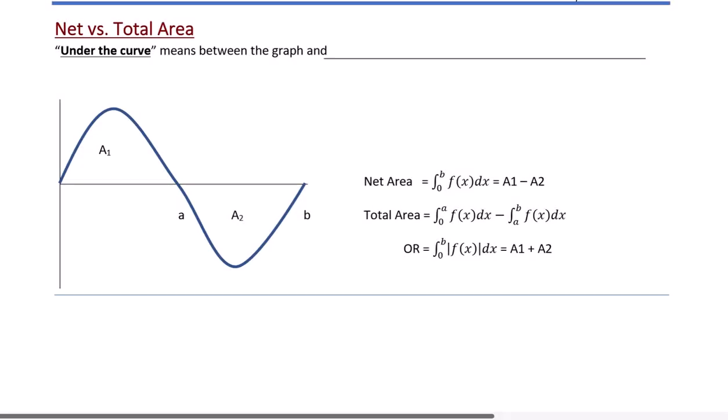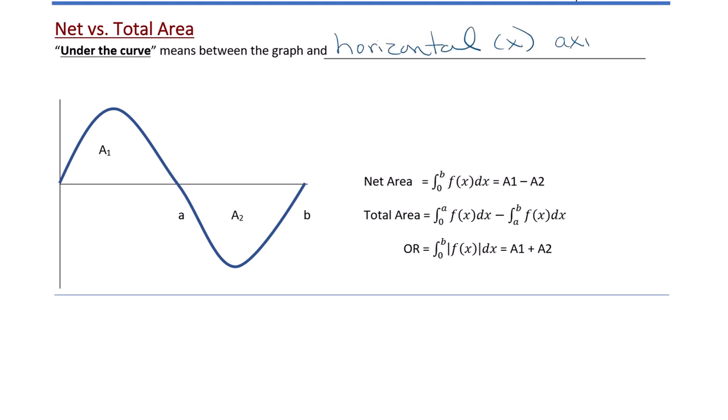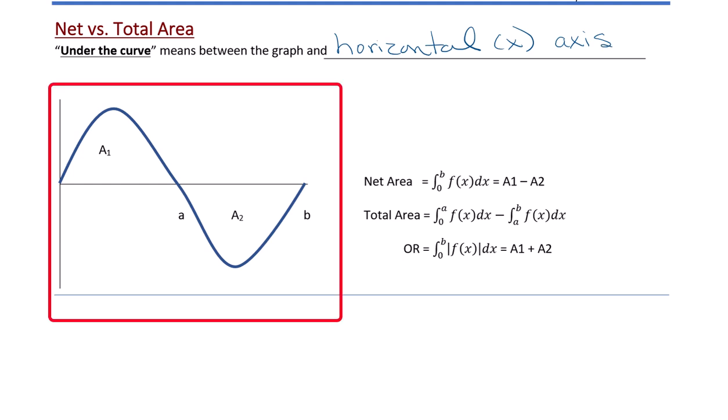Then we know that not all graphs fall above the x-axis. So when we say under the curve, we just mean between the graph and the horizontal or x-axis. If we're looking at this graph to the left, we have an area A1 falling above the x-axis. That entire area is going to be positive.